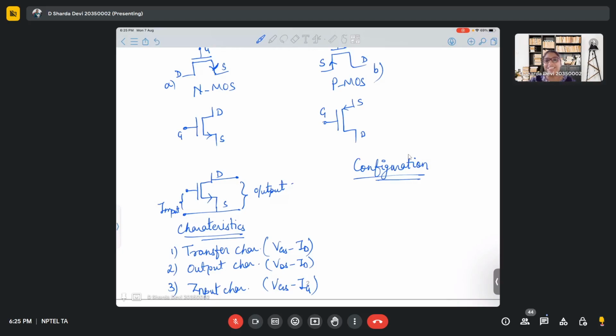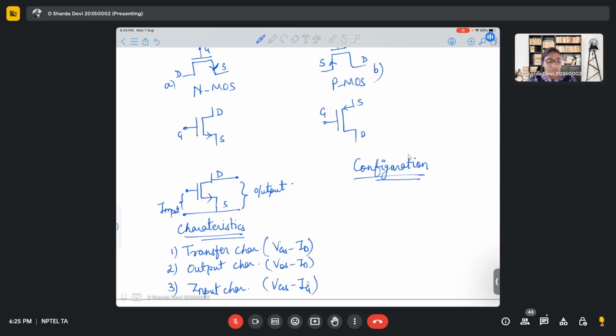That's why in transfer characteristics the independent axis is always your input and the dependent axis is your output. So it tells you the relation between your input and output port. These three are the basic generic characteristics you will get for any two-port device. Okay, hope this is clear.